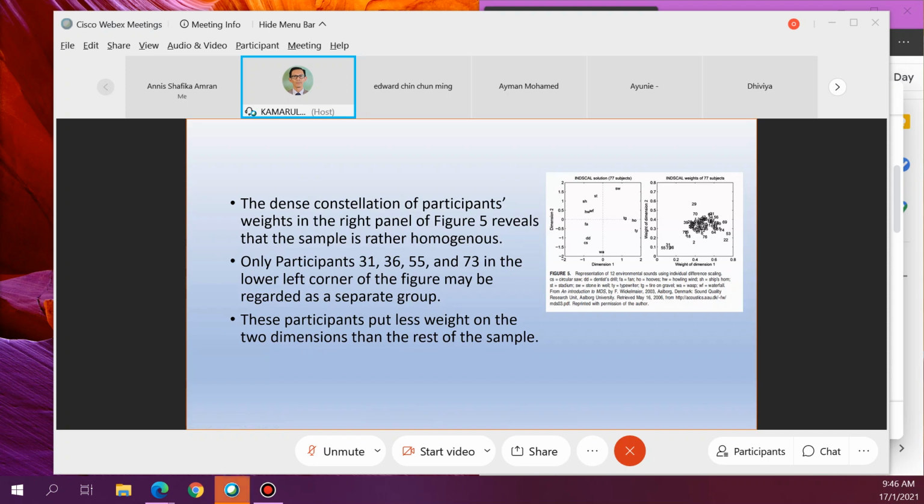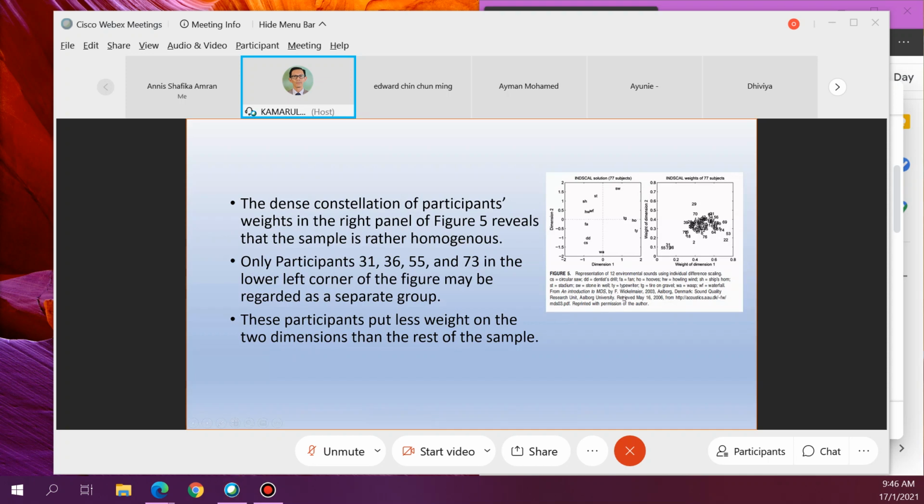And from here you can identify who are the different subjects. Here is the sound, and here is the map of the participants. You can see that most of the participants are similar, but there are participants 31, 36, 55, and 73 who are not similar to the rest of the 37 people.